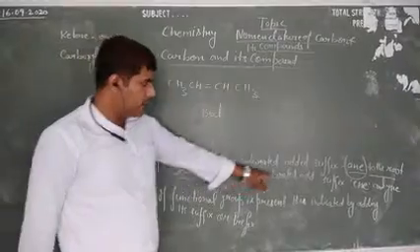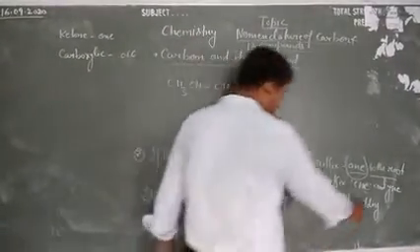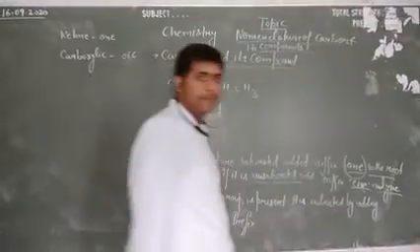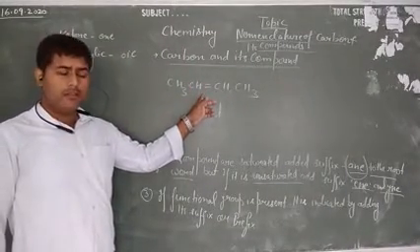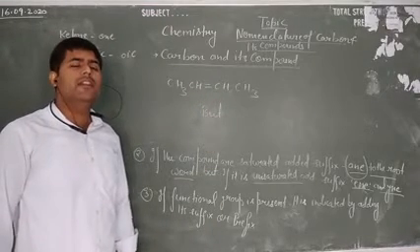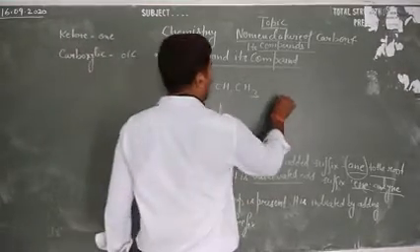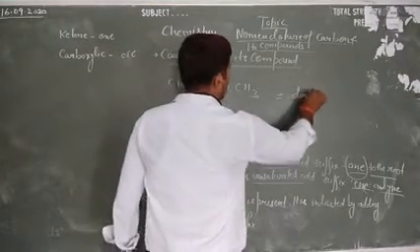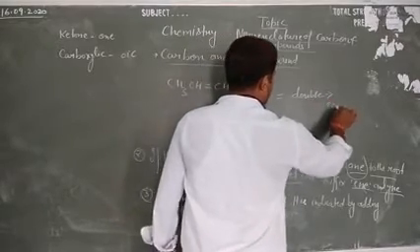If it is unsaturated, we add the suffix -ene. What do you observe? This has a double bond, this has a double bond, and when a carbon compound has a double bond, which suffix do we use? -ene.